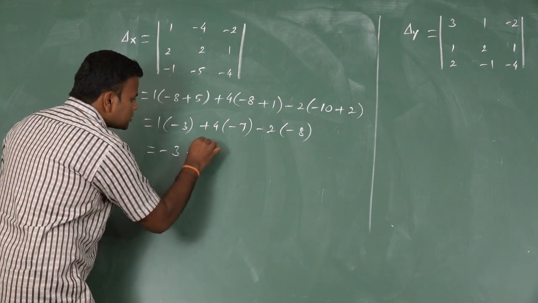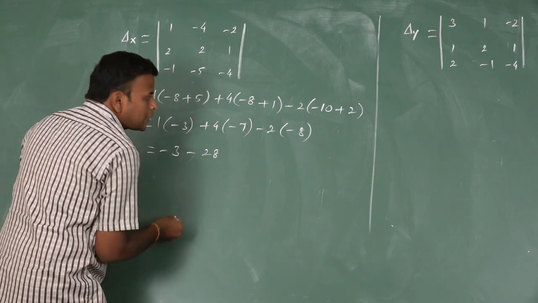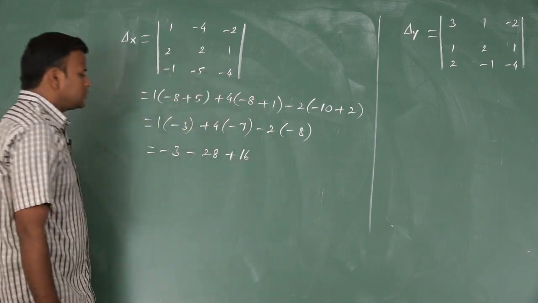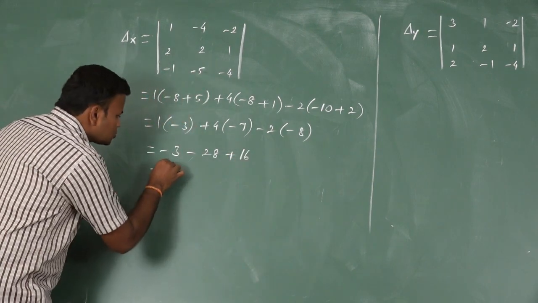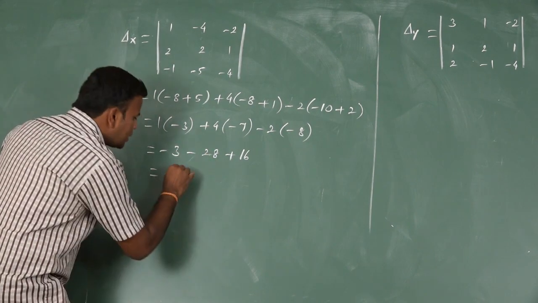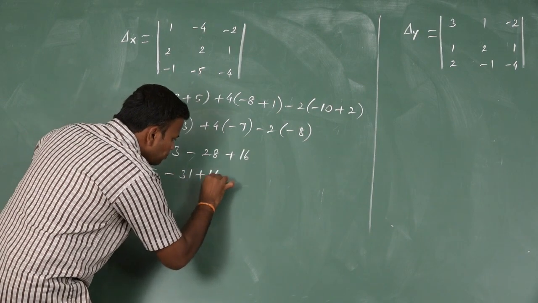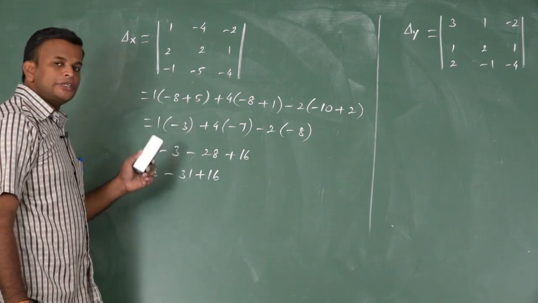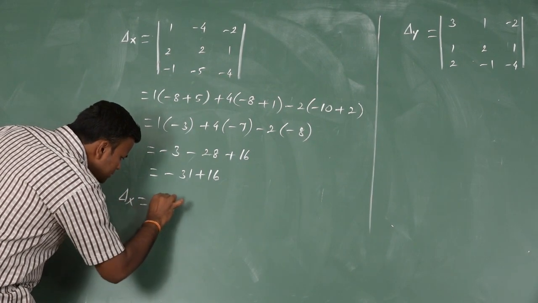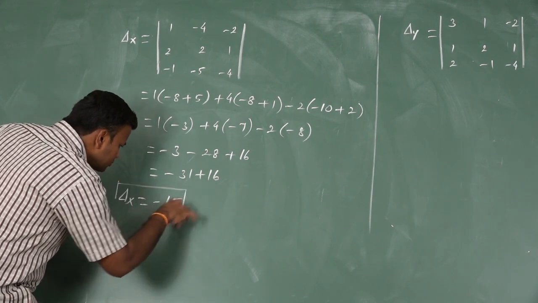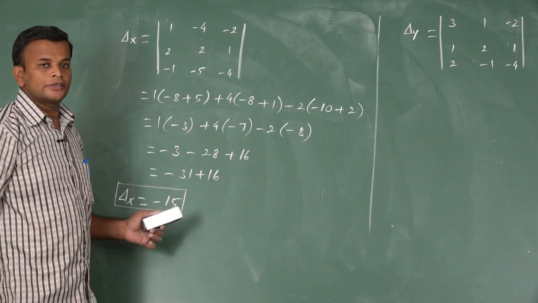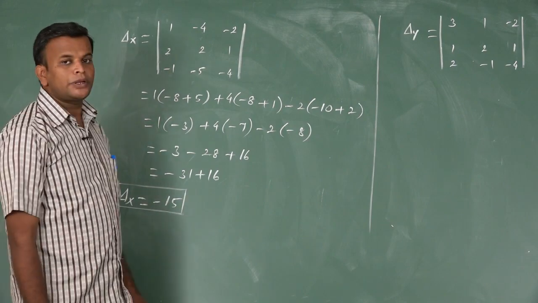Plus into minus is minus, 4 7s are 28. Minus into minus is plus, 2 8s are 16. So minus 28 minus 3 is minus 31, plus 16, minus 15. The value of del x is minus 15. Important, we don't put plus x, it is capital X. So del x value is also minus 15.